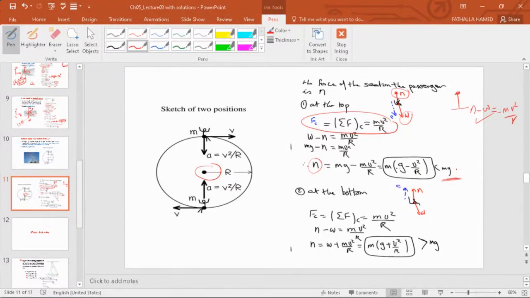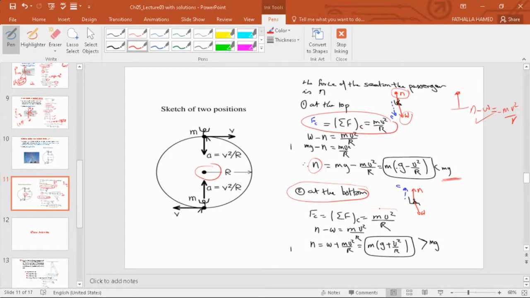If v squared over r equals g, that means the normal force is going to be equal to 0. So usually when they do that, they have to make sure that you have speeds where you cannot fly off the seat.